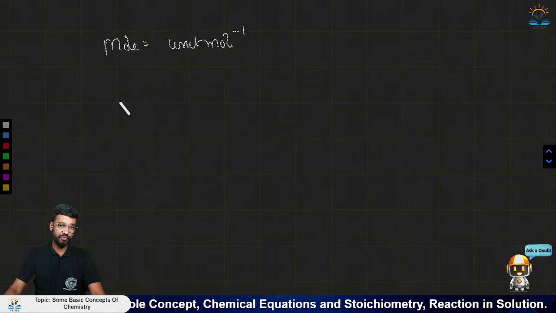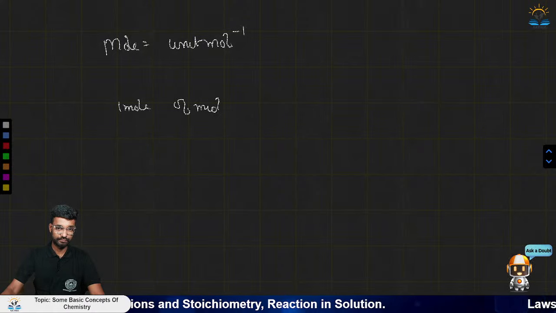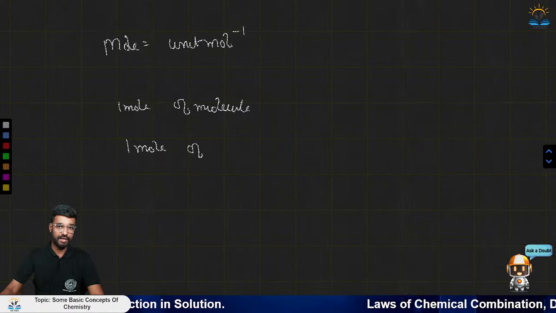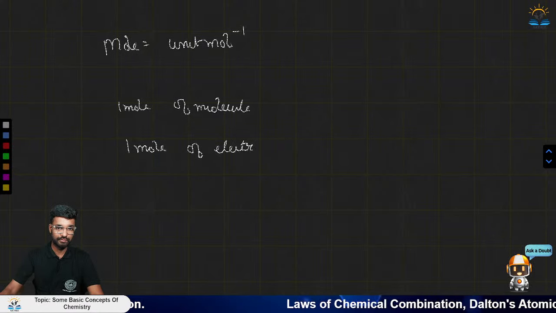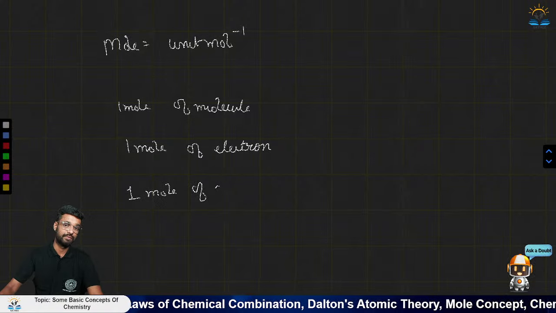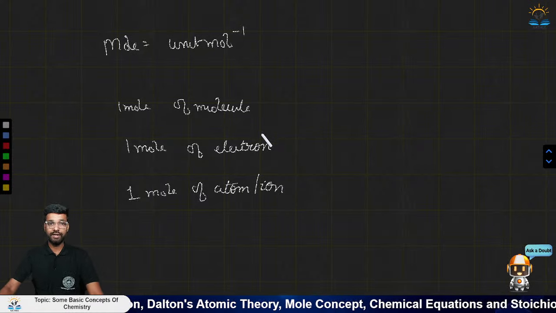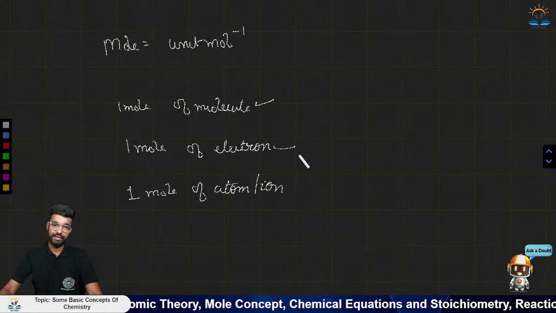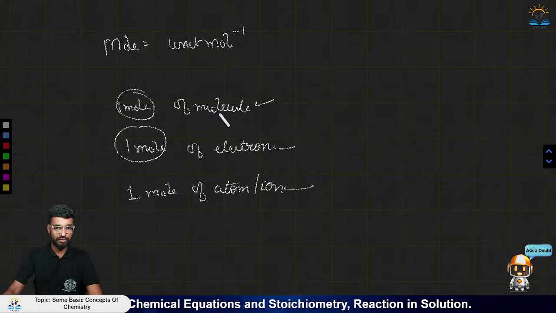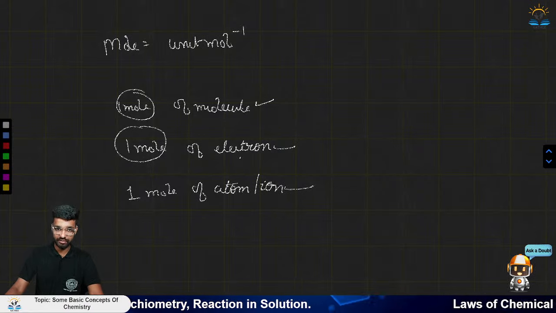It can be 1 mole of molecules, 1 mole of electrons, or 1 mole of atoms or ions. It is not dependent on the elementary entities we are taking, but 1 mole is the same for all of them. It will always contain 6.022 into 10 to the power 23 molecules or electrons or atoms or ions.